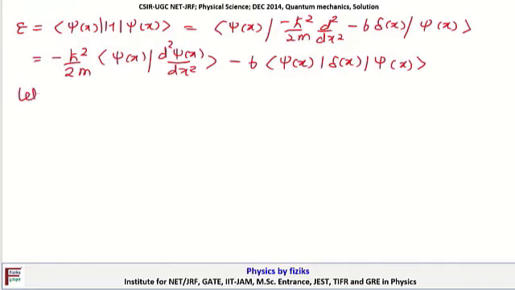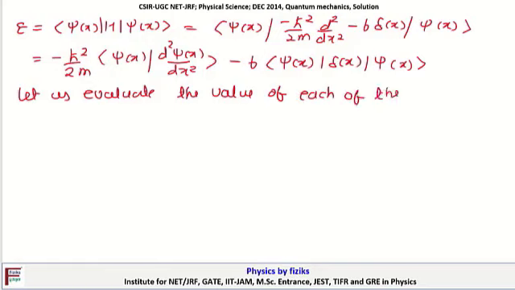Let us evaluate the value of each of these inner products separately.